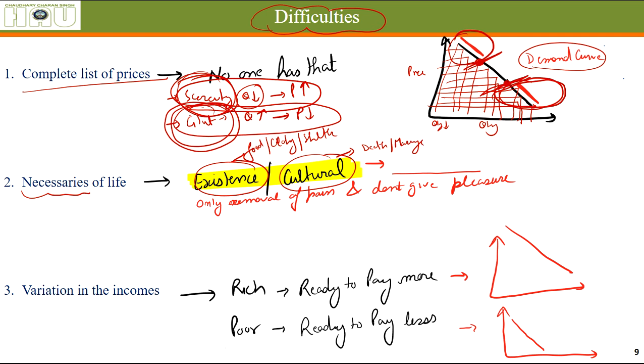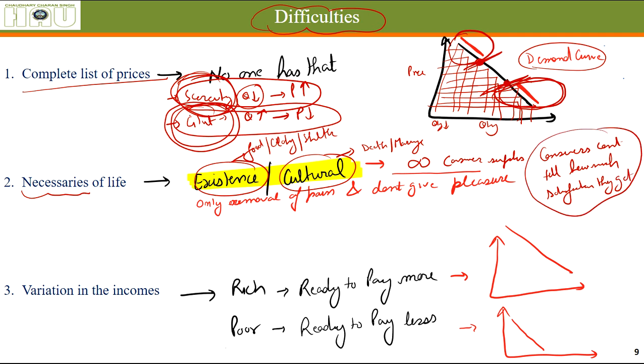These things have infinite consumer surplus, because consumers can't tell how much satisfaction they get for these particular things. They simply cannot tell because these are necessities of life and they never think about the level of satisfaction and their prices. So in these cases they cannot tell you how much satisfaction there is, but it is definitely a lot.